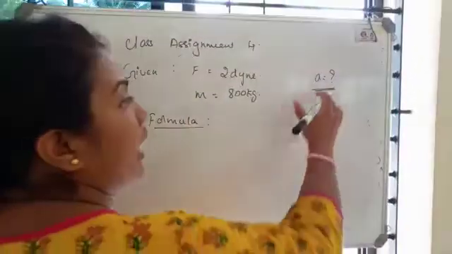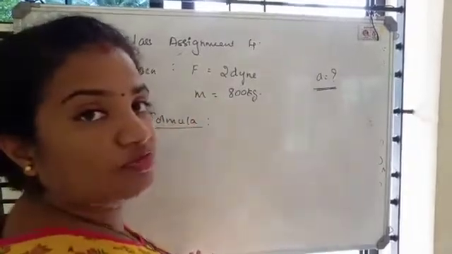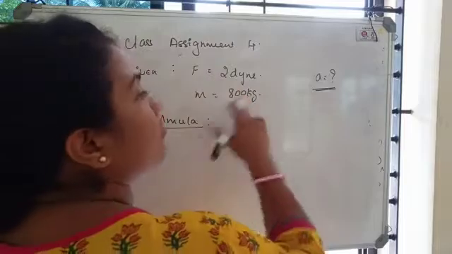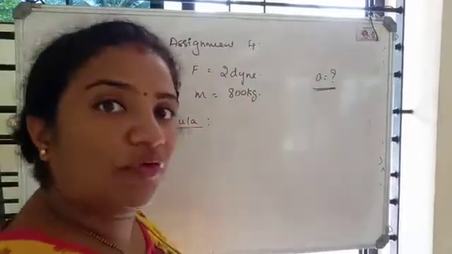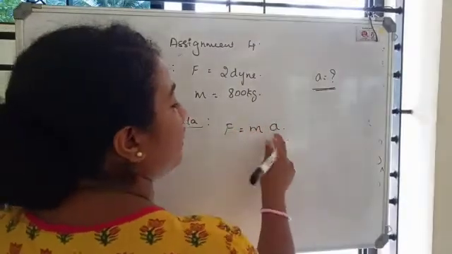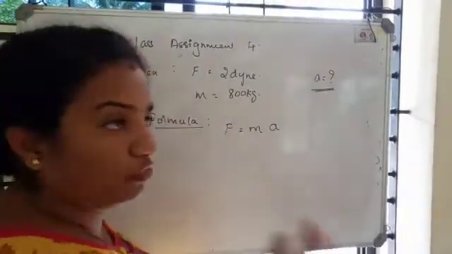Now, acceleration is to be found, and F and M are given. F is equal to ma would be the best formula that we can use here to find a, because F we know, M we know, only a we don't.